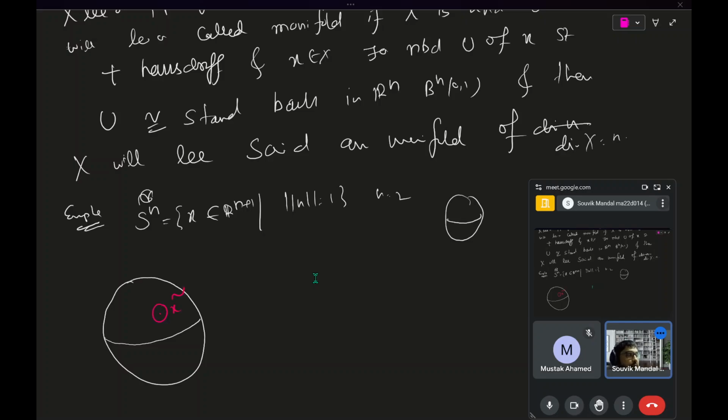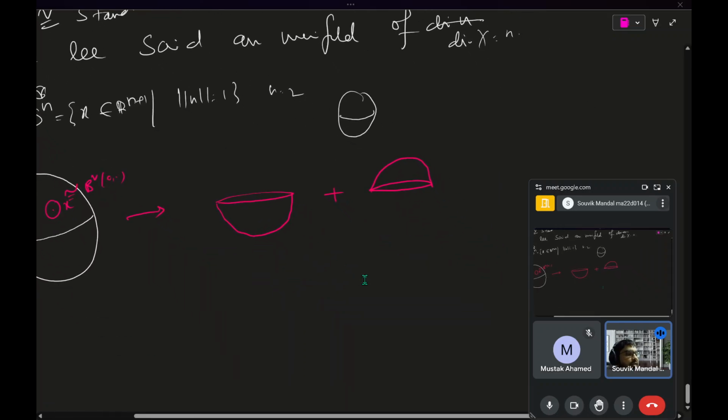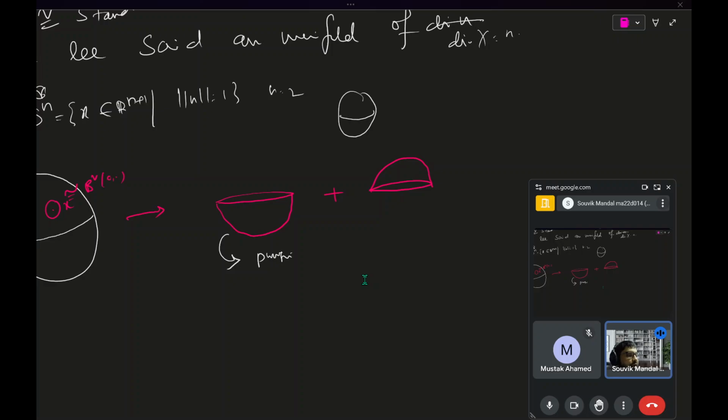Okay, how to do it? This sphere can be thought of as the union of this plus this, correct? Now consider this part. If we push this up, then this will look like this, and similarly this also.